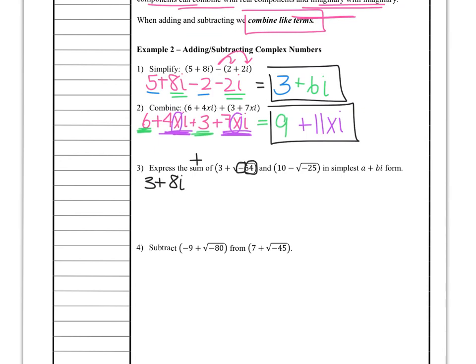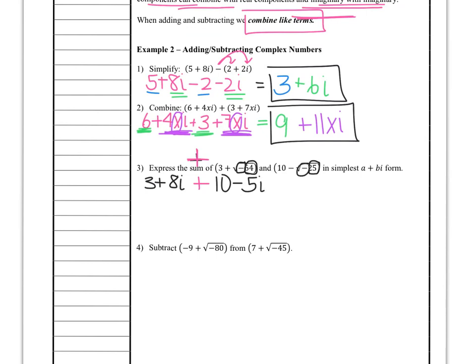Okay, so that should be easy enough for you to think about. 3 plus 8i. And then we need to put a big plus for the sum of 10 minus square root of negative 25. So 10 minus square root of positive 25 is 5. And then the negative under the square root turns into an i.